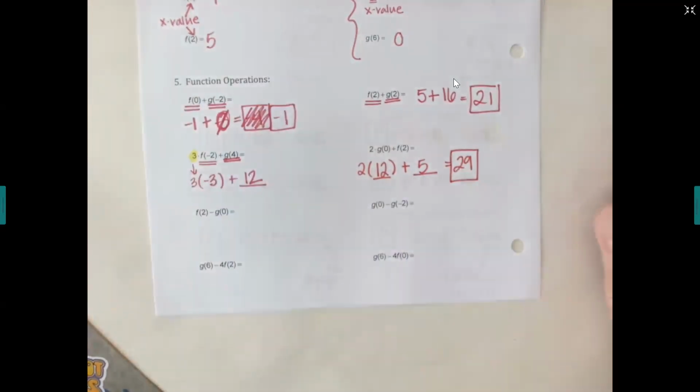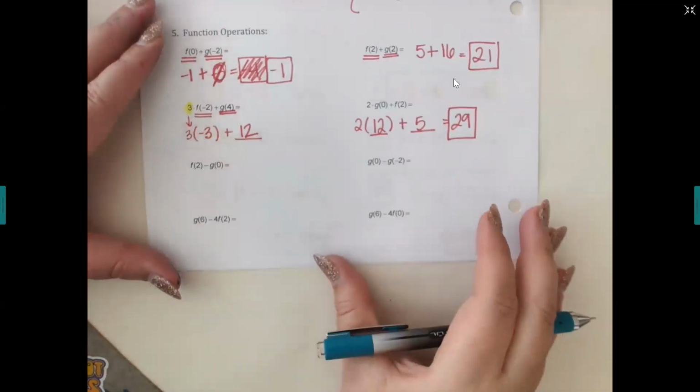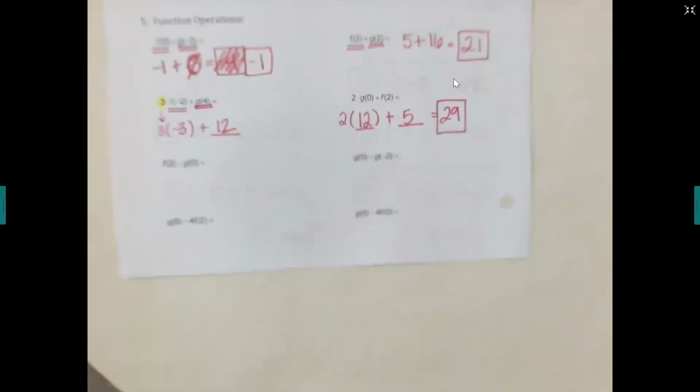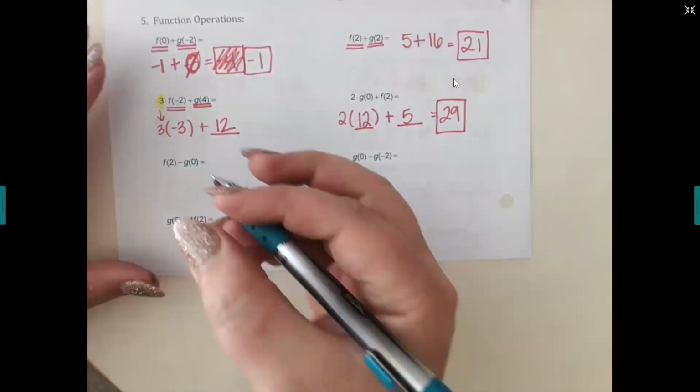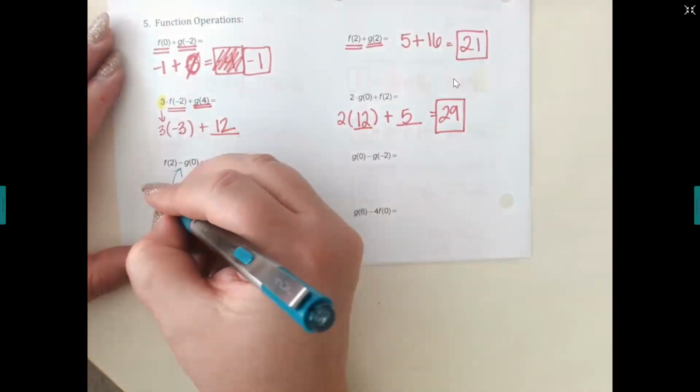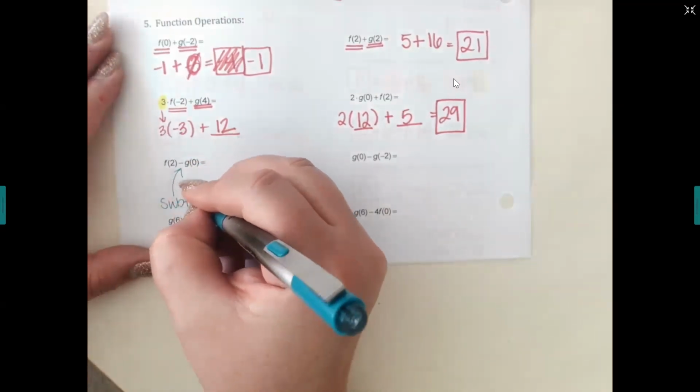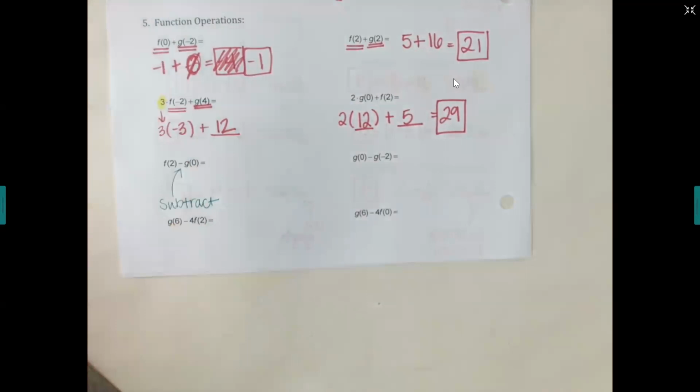Now, look at the next row. In the middle, is it still a plus or now is it a subtract? Look for these. See in the middle, it's a subtract. So then when I put it in the calculator, I'm going to find those two numbers and I'm going to minus them.